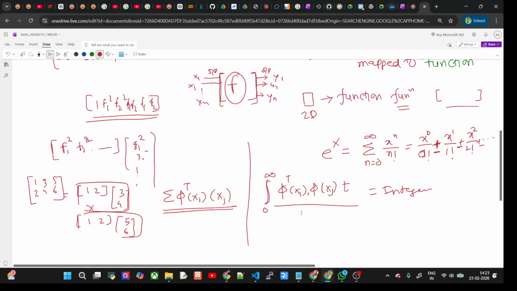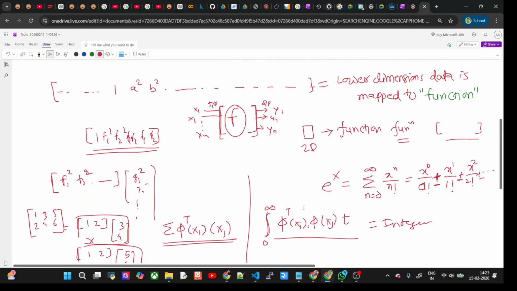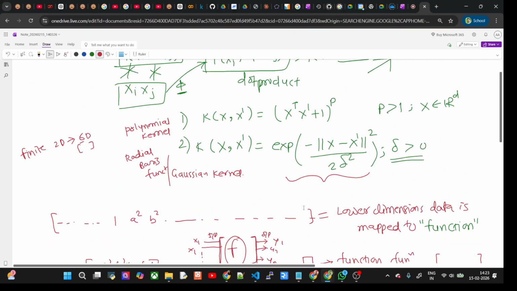Let me type it here, because whatever these kernels, the first and second kernels I mentioned to you, are valid kernels, and we can prove that by calculating phi(x) transpose dot product phi(x prime), not I but x and x prime.